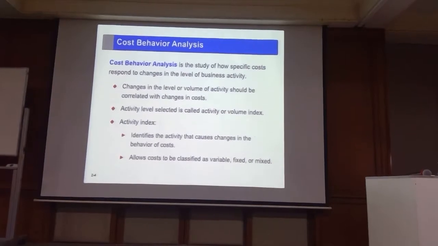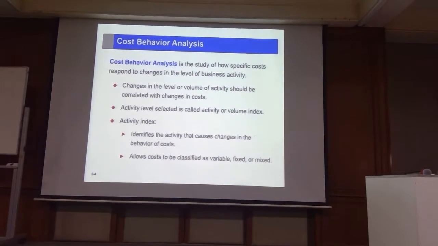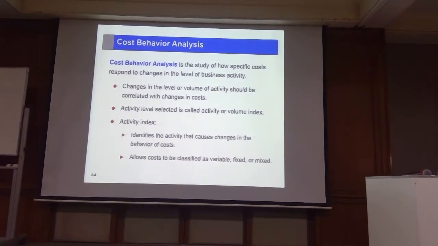And the activity index indicates the activity that causes the change in the behavior of cost. After you identify the activities, you can classify the cost into 3 types, okay? We call them the variable, the fixed, and the mixed. Okay, we will look at each in detail later on.